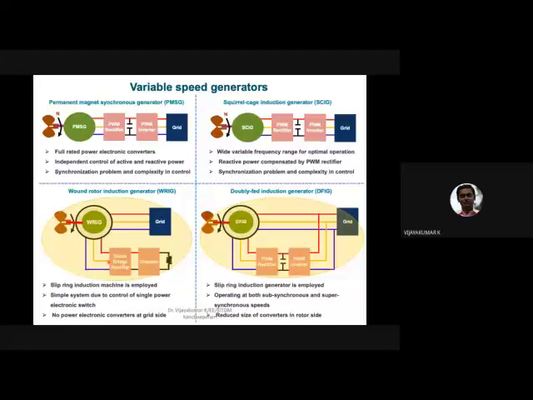In this case, the rotor coils will be connected using power electronic converters. Depending upon the duty ratio of the chopper, which can be decided by the controller, the controller has duty ratio control as well as maximum power point tracking.